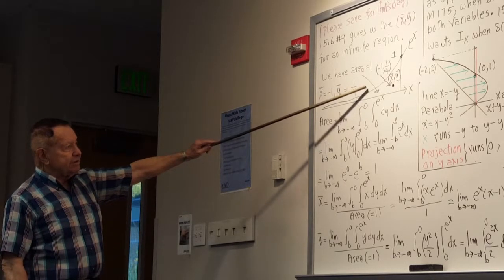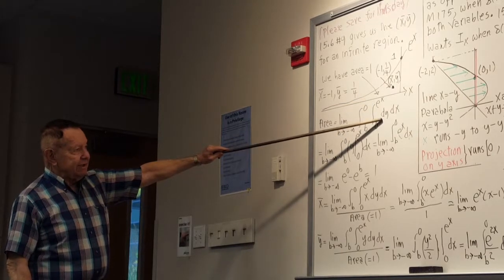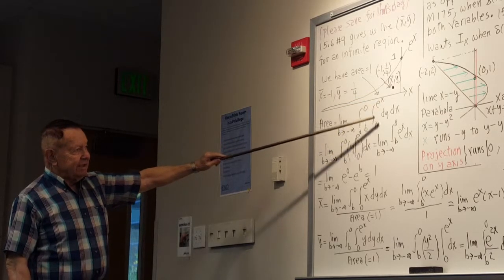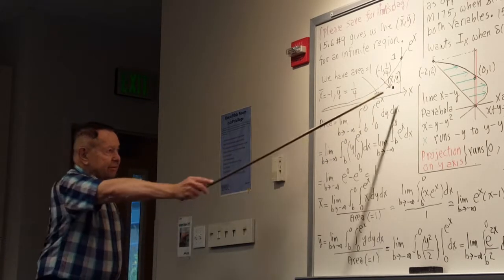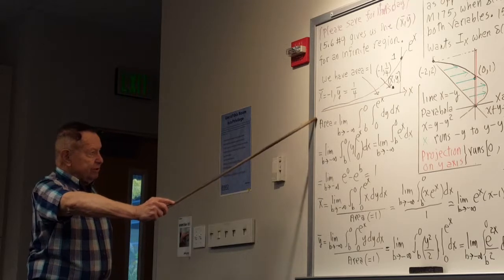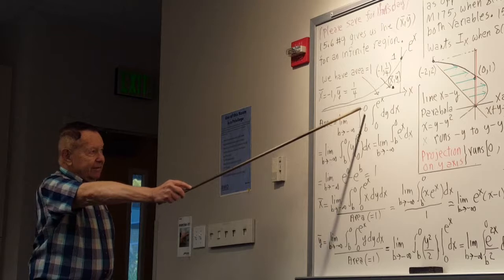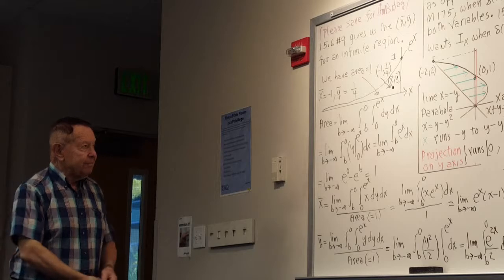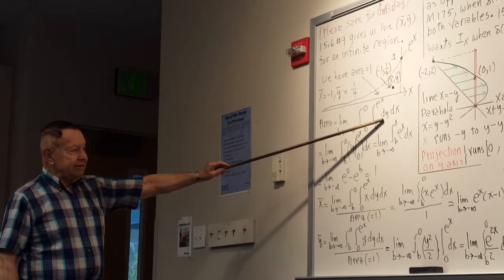Then the top curve is e to the x, and so your first integration would be vertical from the x-axis to e to the x, and then your second iteration would be over the projection of the region on the x-axis, which is your limit from b to 0 as b goes off to the left. So your area looks like this.